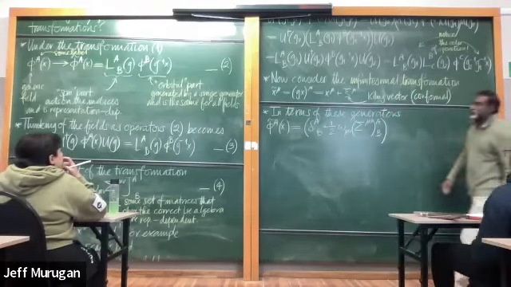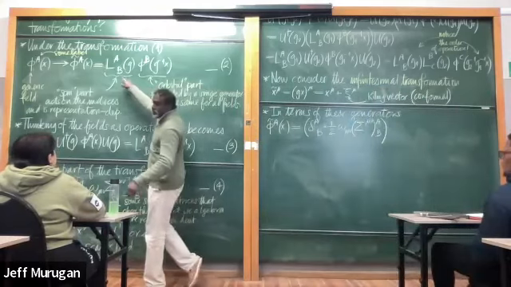So to first order, that's what this matrix L AB looks like.